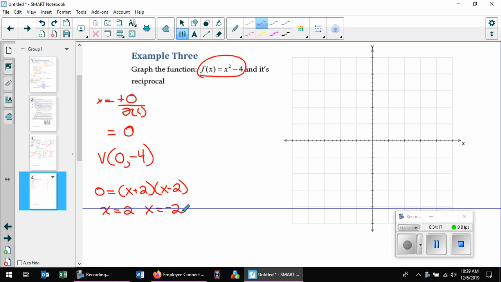So let's go by ones. Do I have to graph any more points than that? No. I'm going to make sure that 2 points are labeled, and I'm going to label this graph.